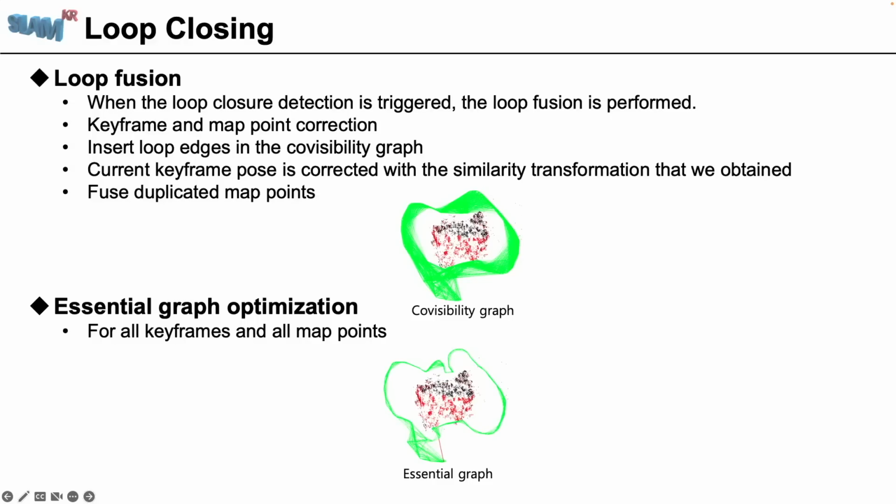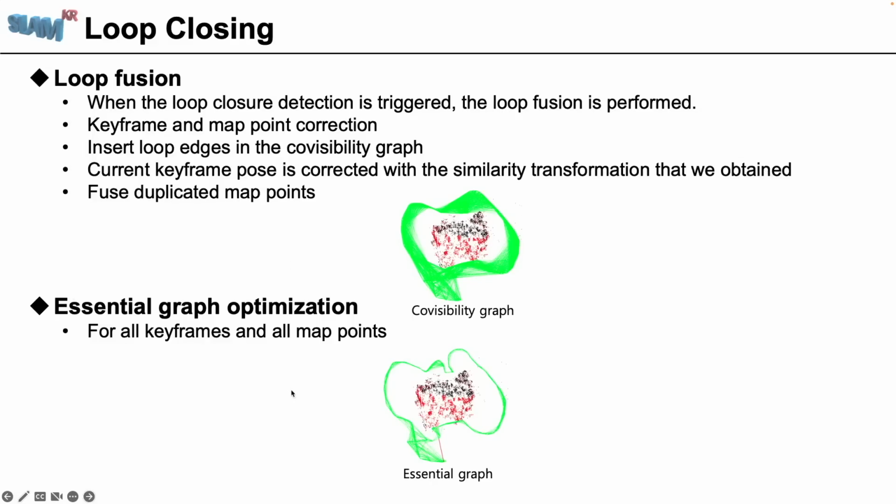And in the loop fusion step, the keyframes and map points would be corrected, and the loop edges would be inserted in the covisibility graph over here, and the keyframes and the map points would be corrected in a compact and consistent manner.